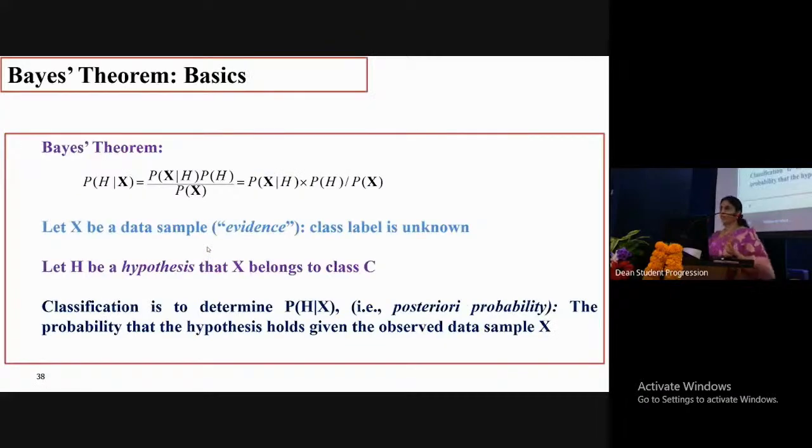Now I'll look into the Bayes theorem. This is very important. How does Bayes theorem work? Bayes theorem basically works on conditional probabilities.